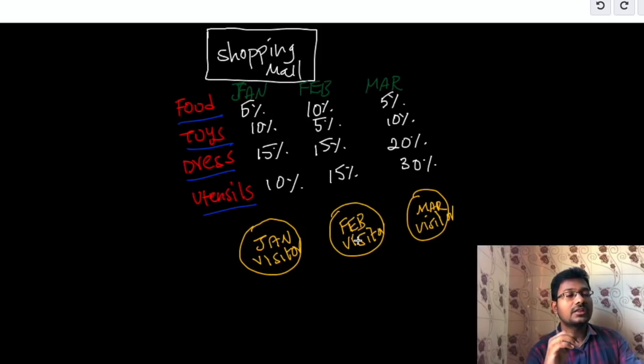The February visitor is visiting food, toys, dress and utensils, and it is determining the tax percentage. Then the March visitor is visiting the elements food, toys, dress and utensils, and determining the tax percentage for that month. So this visitor is playing a major role. The visitor is determining the tax percentage for the elements based on various criteria.